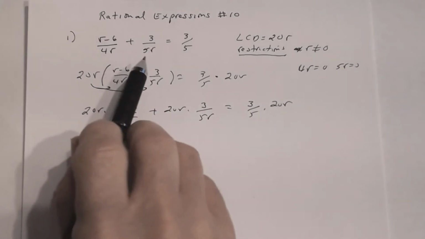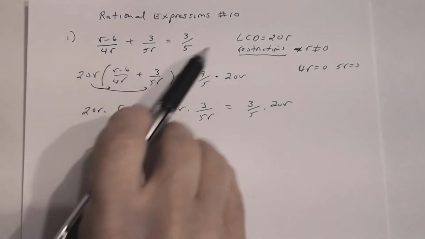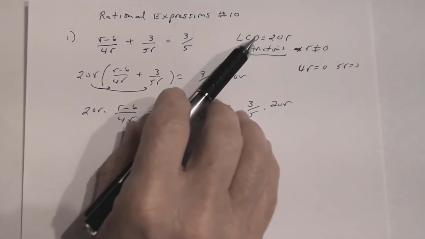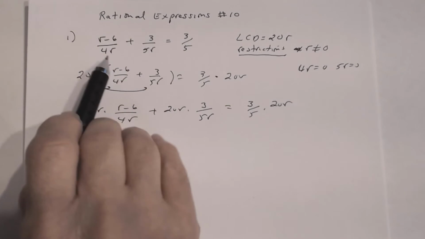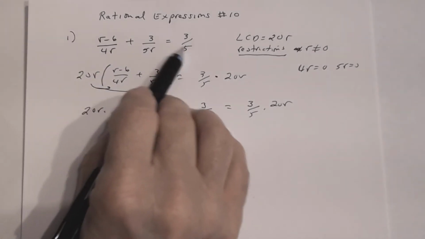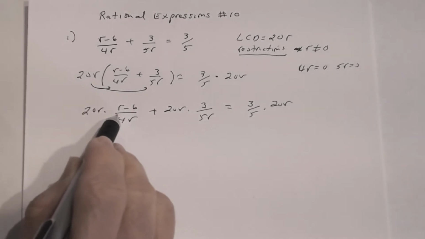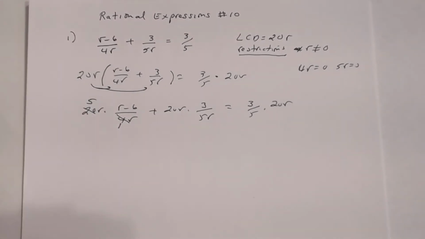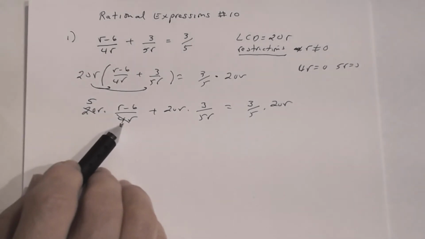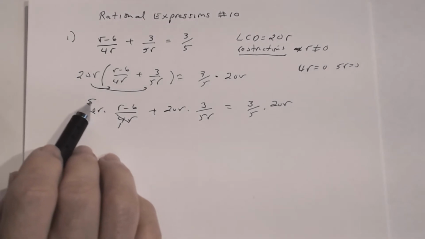Now remember, when you multiply both sides by the least common denominator, the reason we're doing it is to get these factors in the denominator to be factors of 1. And so now you'll see that's going to happen. Because look, 4 divided by 4 is 1. 4 into 20 is 5. So 20 divided by 4 is 5.